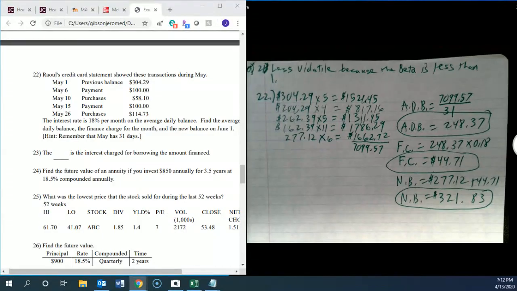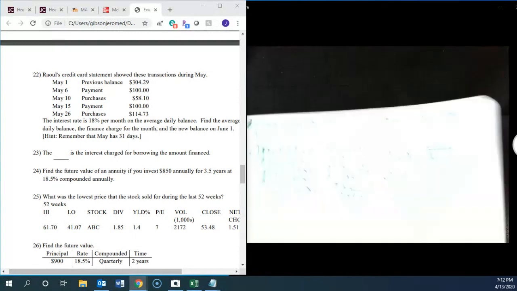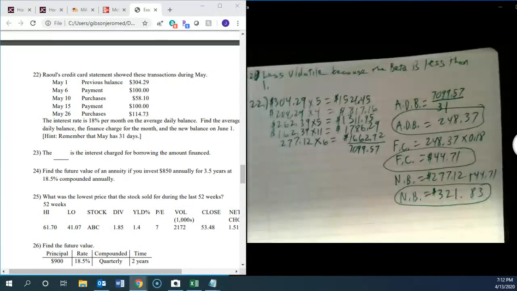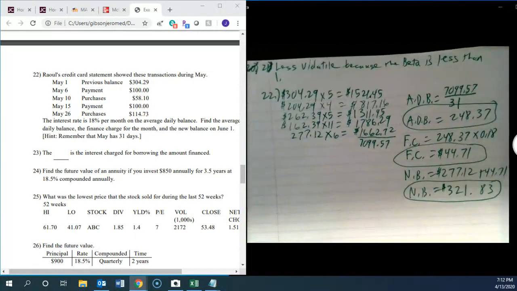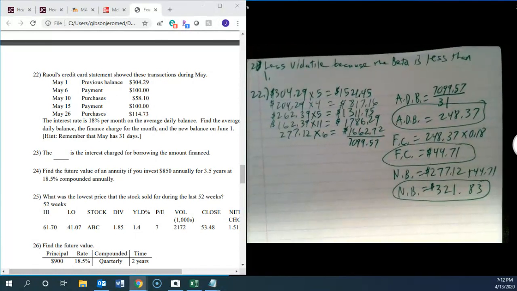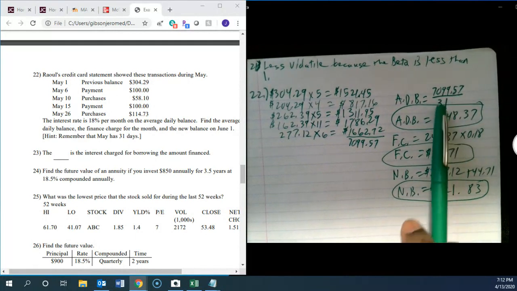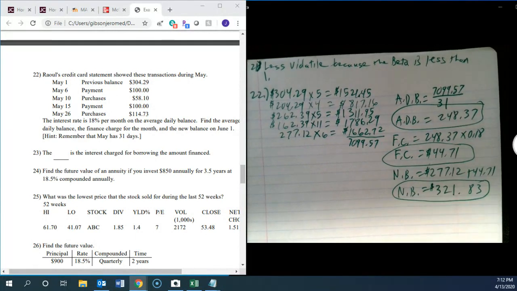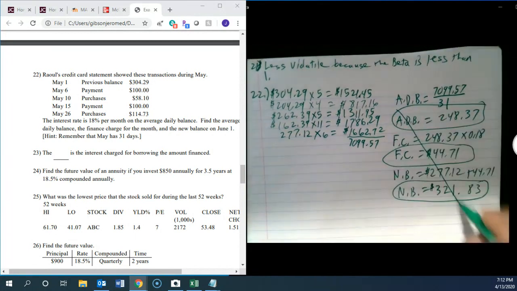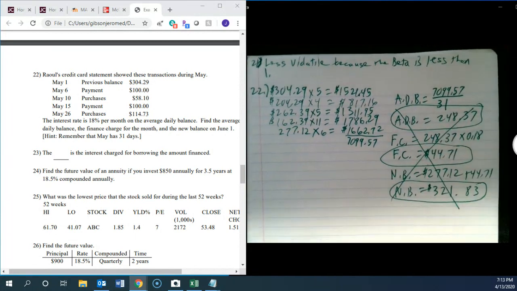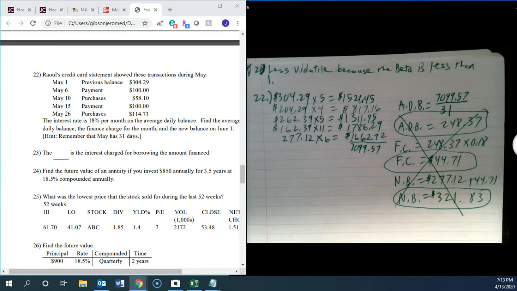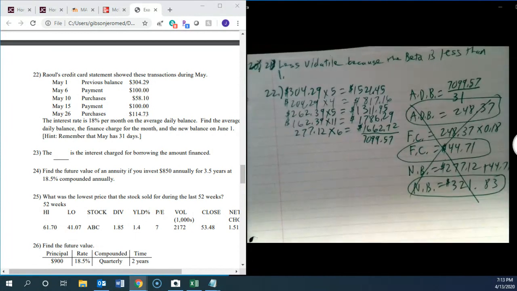Okay, class, we had a little technical difficulty, but I also found out in doing this that I made a slight error. I don't know exactly where it froze at, but when I took the 7,099.57 over 31, this right here is incorrect. This is correct, but I actually wrote down the wrong number here.